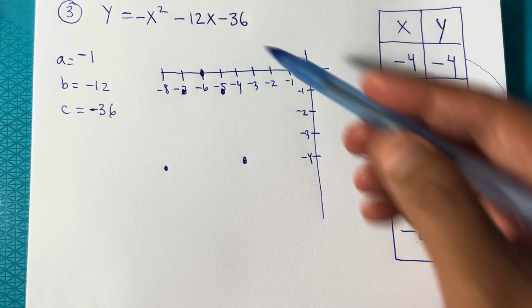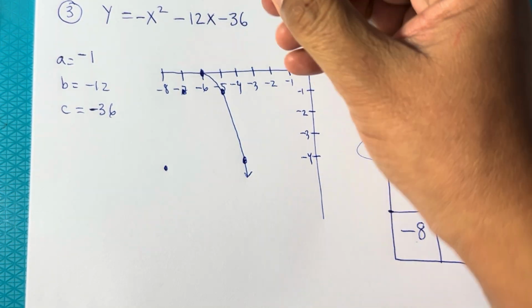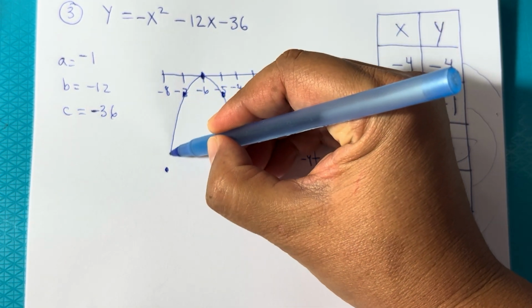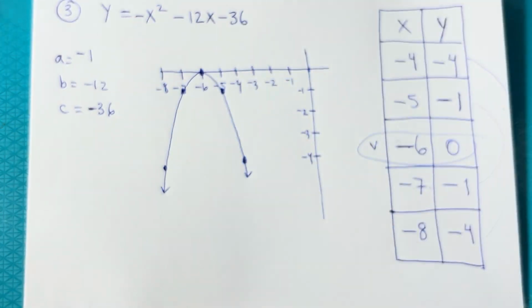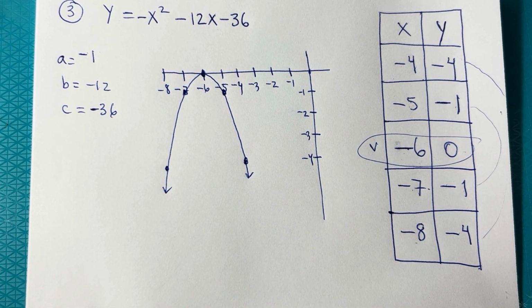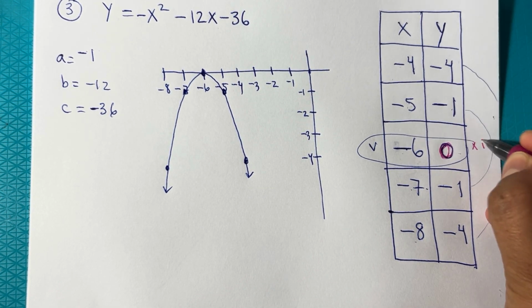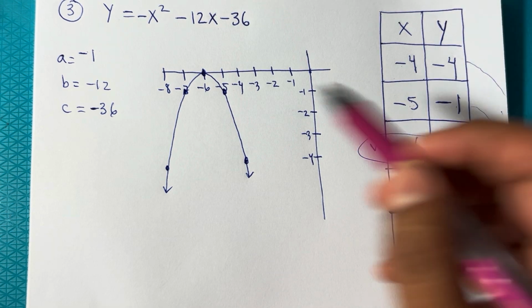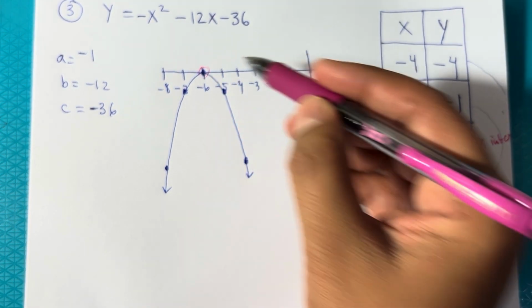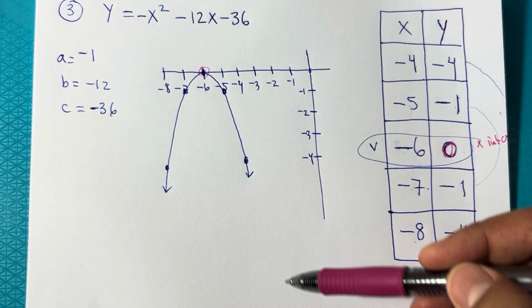Again, from our vertex, which is right here, we open our parabola. Notice how it is opening down because A is negative. Again, some things that you can analyze is that when Y is 0, this is going to be also my x-intercept. So it's right there. We also notice that my graph is opening this way.